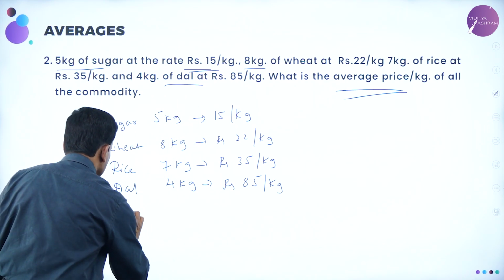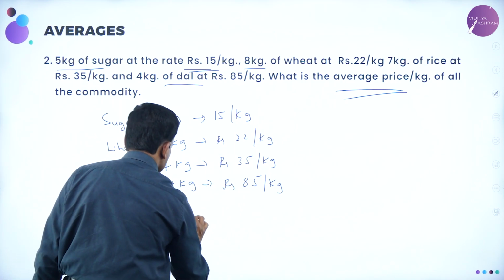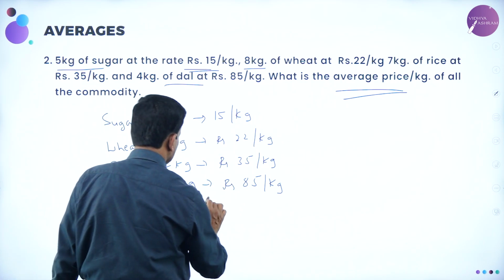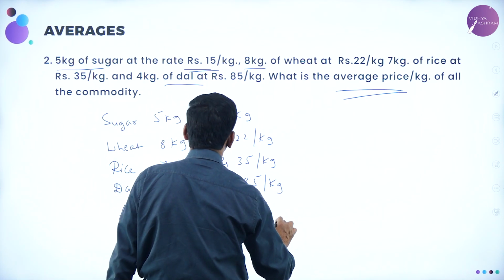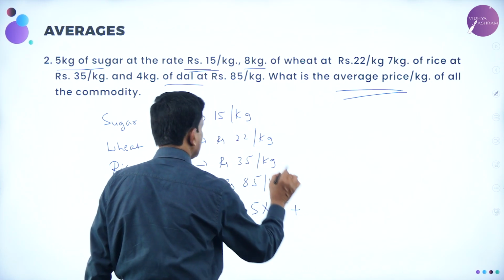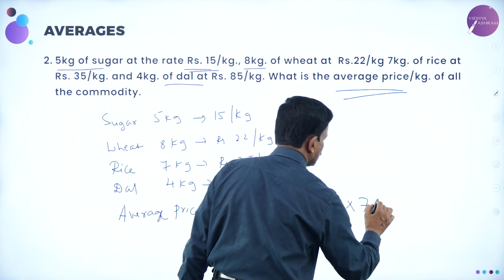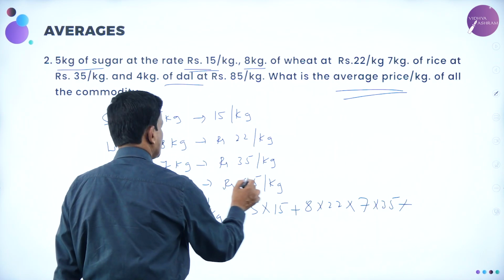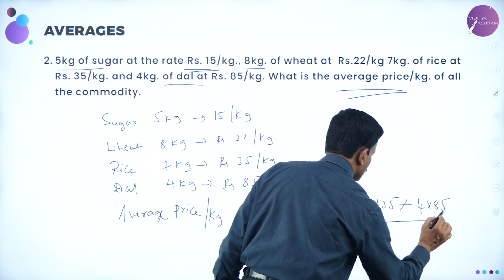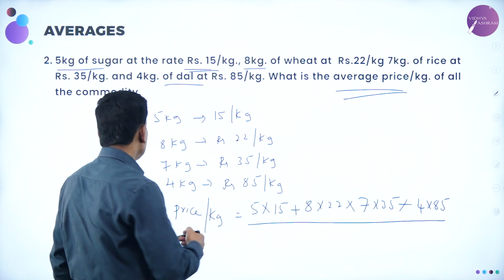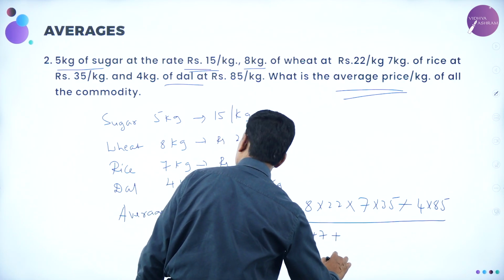Average price per kg is equal to, just multiply it: 5 into 15 plus 8 into 22 plus 7 into 35 plus 4 into 85, all divided by the total weight of the commodity, that is 5 plus 8 plus 7 plus 4.